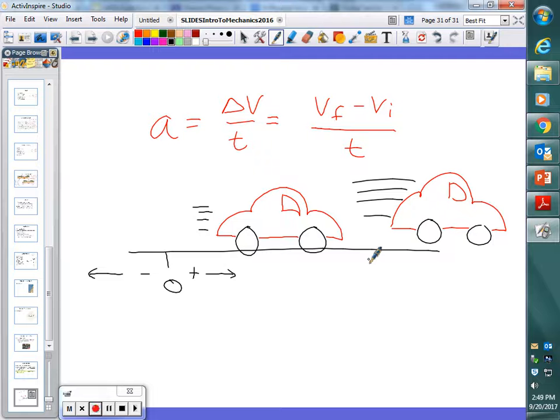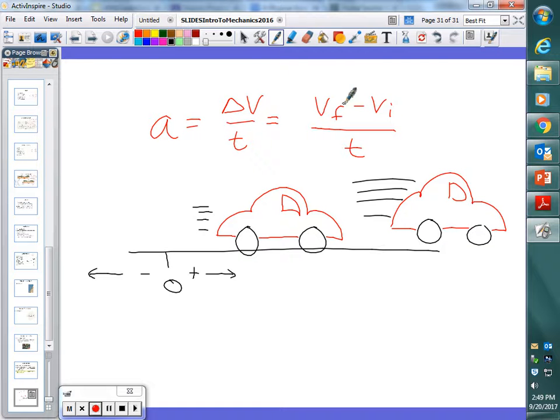Okay, it is accelerating. If we were watching it, how would we describe it? It's sped up. It's moving faster. In this case here, no numbers. How would this car's final velocity compare to its initial velocity? It's greater.